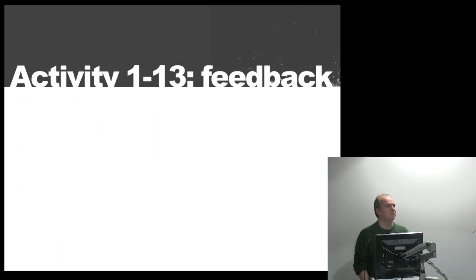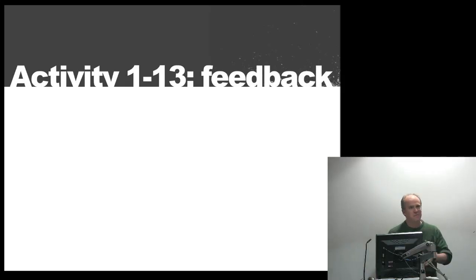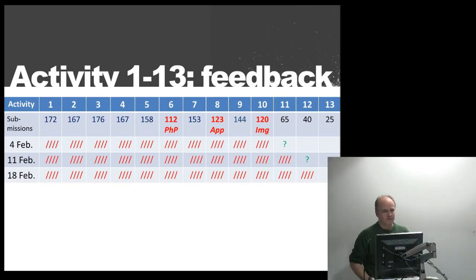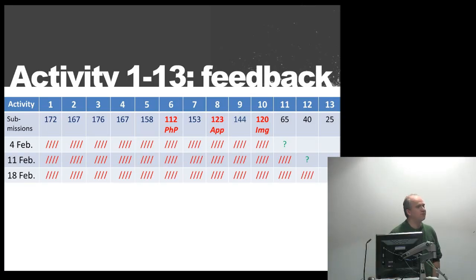So let's start with a bit of feedback about how the class is doing. That's the number of submissions I get for each activity. I didn't get much for the last one, only 25, but there are still 3 weeks until the deadline, so don't worry too much about it.